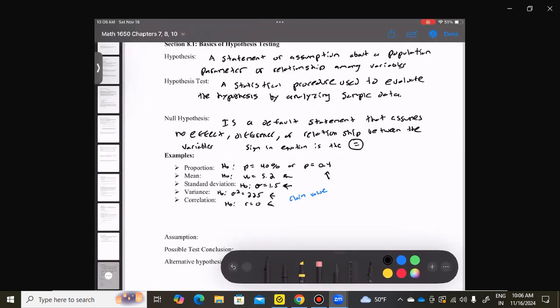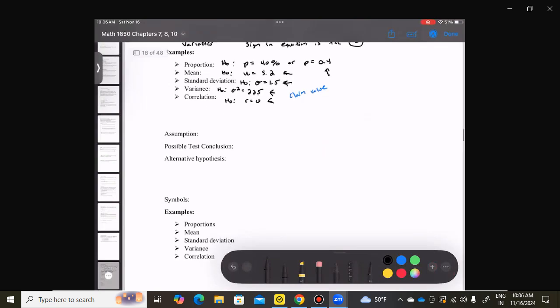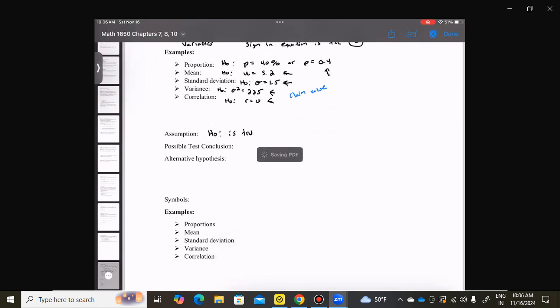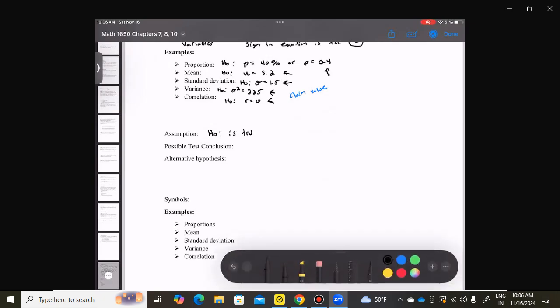So when we do these hypothesis tests, we make an assumption. Say the null is true. So our null hypothesis we are assuming to be true.